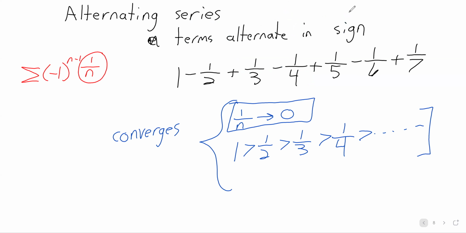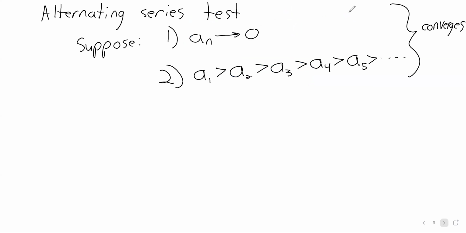Also getting slightly in the weeds, but it's something we should recognize, and it's something that I said out loud. The alternating series test can only show convergence. It can't show divergence.